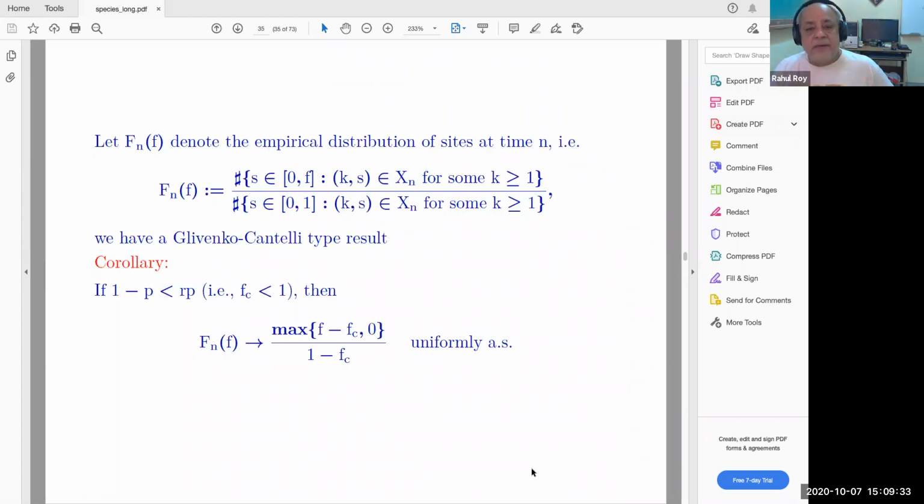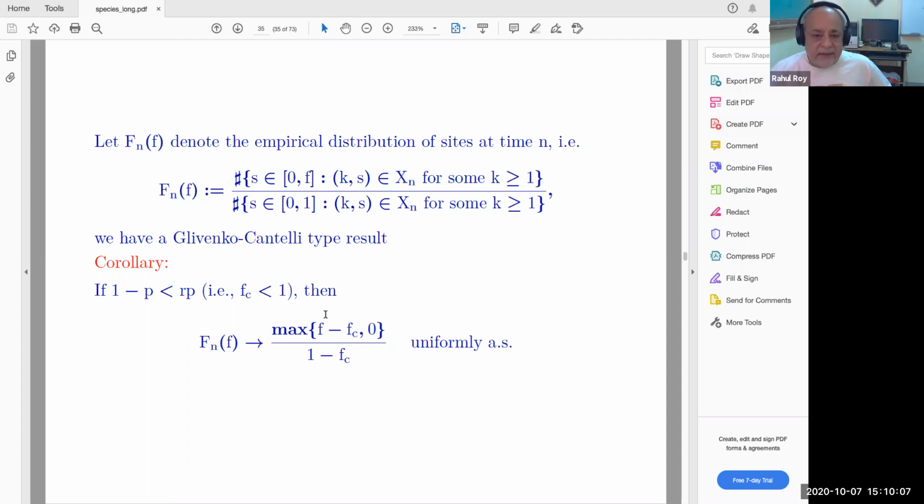And we also have a Glivenko-Cantelli type result here, in the sense that if I look at all the sites s in (0, f) such that the population at s is k for some k bigger than or equal to 1, divided by the total number of sites where there is some population, then in the case when Fc is less than 1, this empirical distribution converges to the maximum of f minus Fc and 0, over 1 minus Fc.